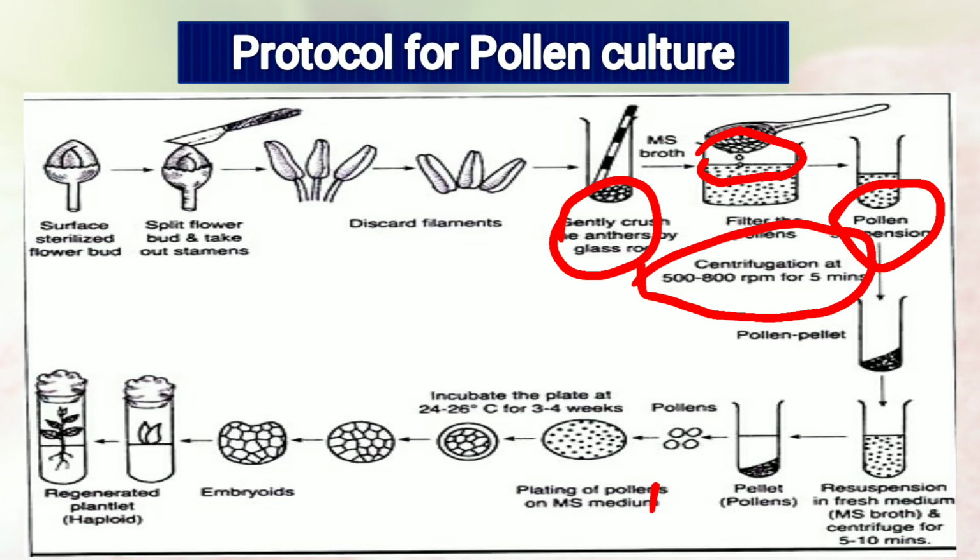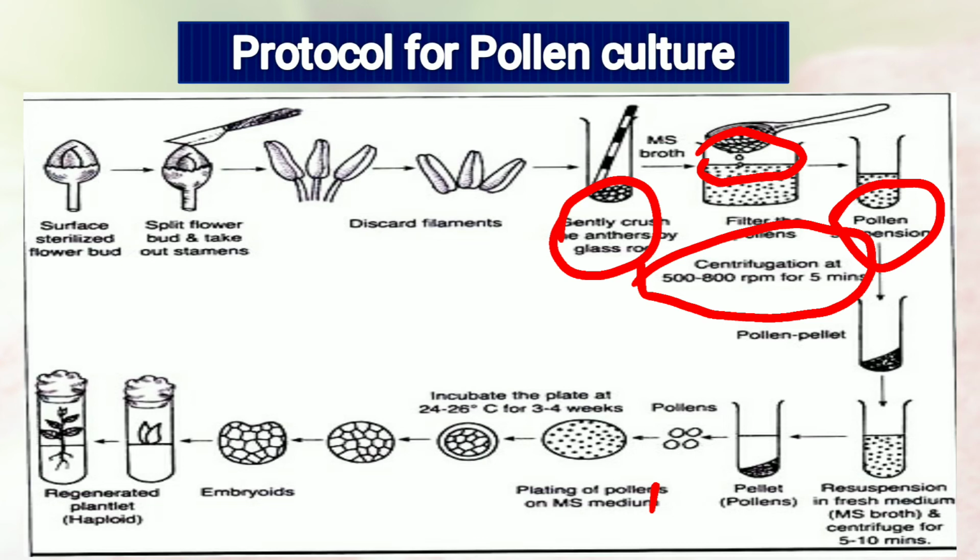The supernatant containing fine debris is discarded and the pellet of pollen is suspended in a fresh liquid medium and washed twice by repeated centrifugation and resuspension in a fresh liquid medium.